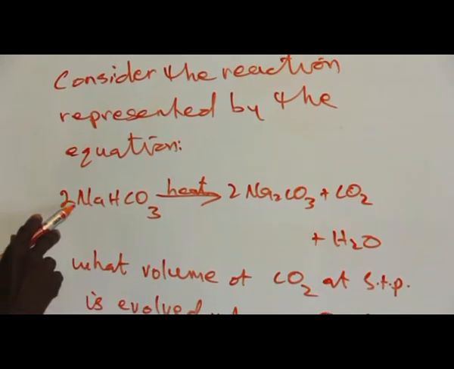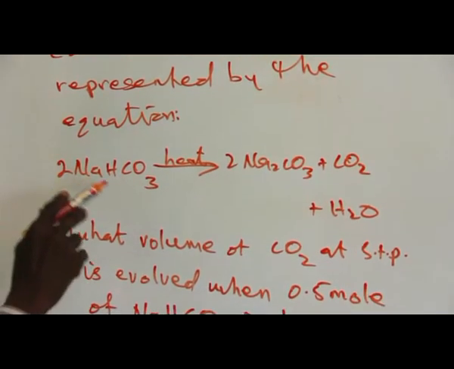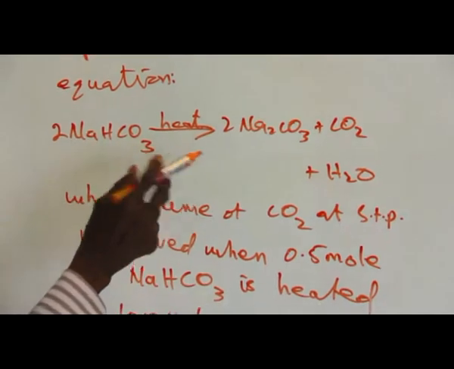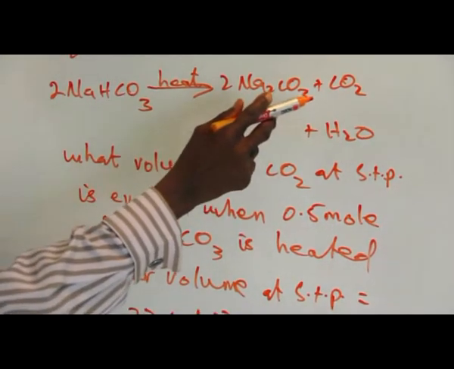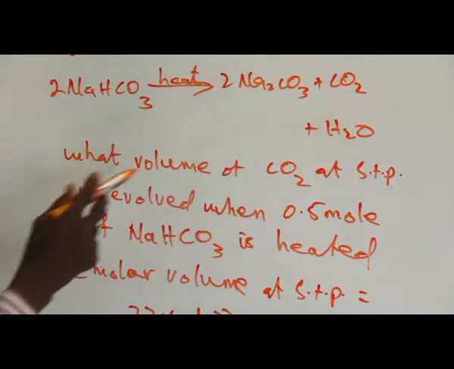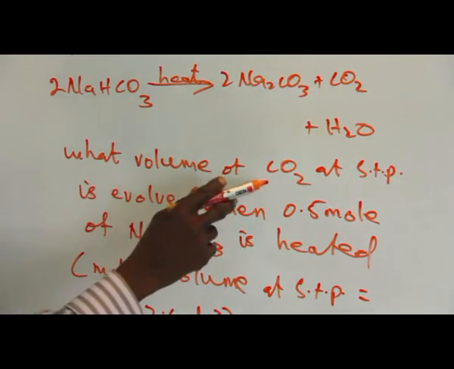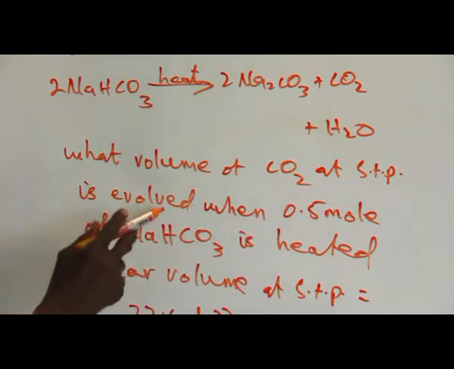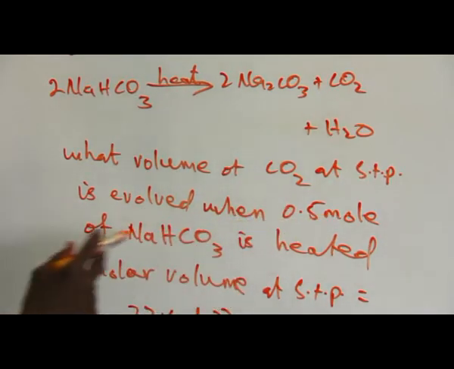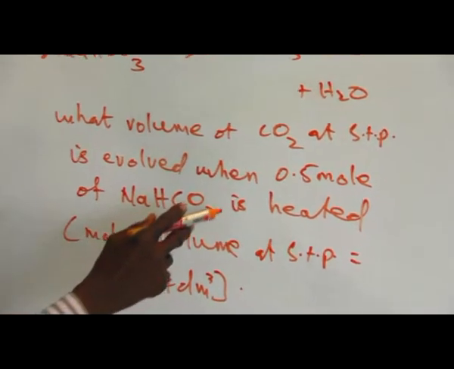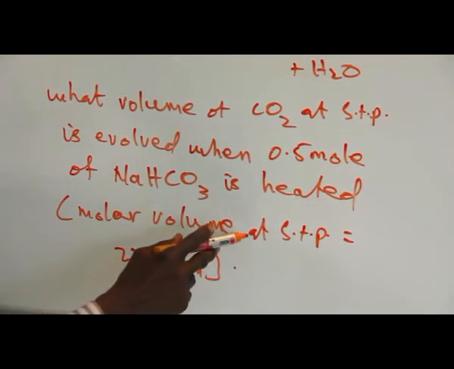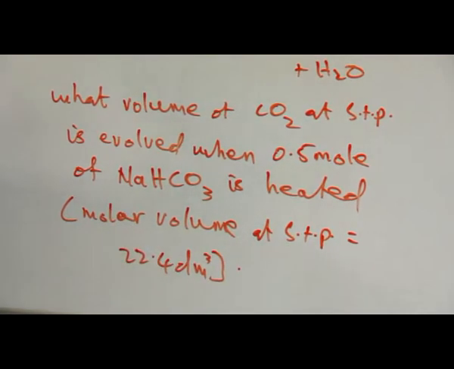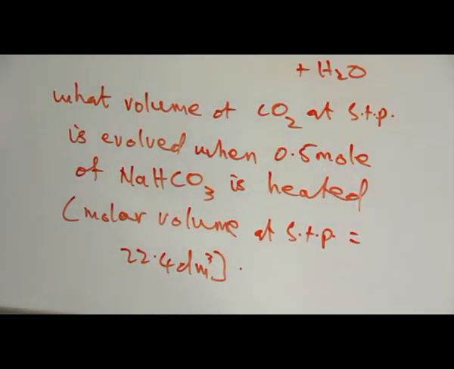2 sodium hydrogen trioxocarbonate(IV) is heated and gave us 2 molecules of sodium trioxocarbonate(IV) and carbon(IV) oxide and water. What volume of carbon(IV) oxide at STP is evolved when 0.5 mole of sodium hydrogen trioxocarbonate(IV) is heated, given the molar volume at STP to be 22.4 dm³?